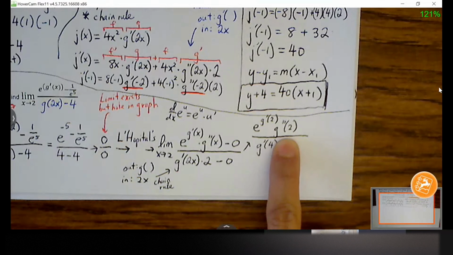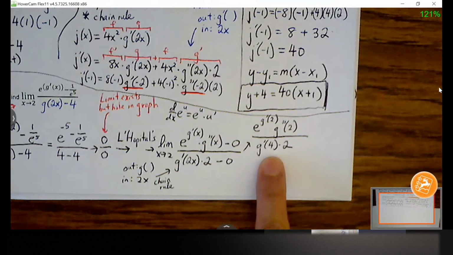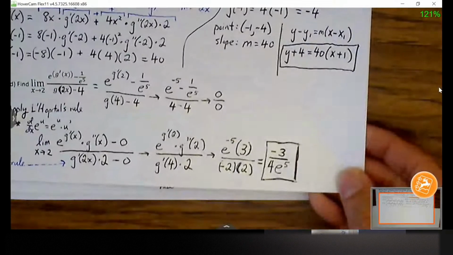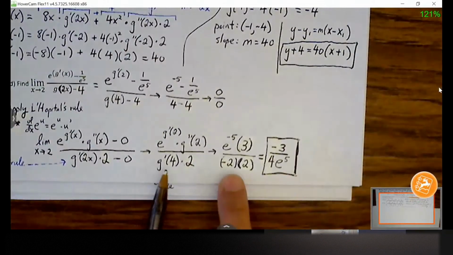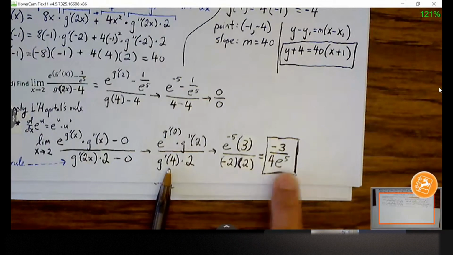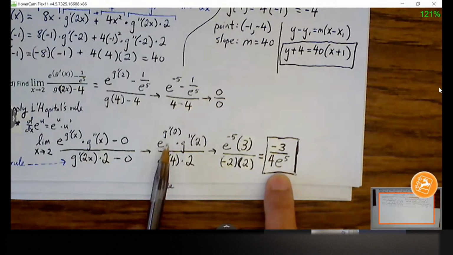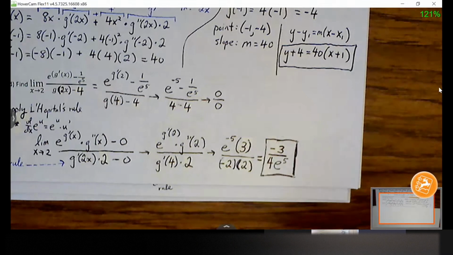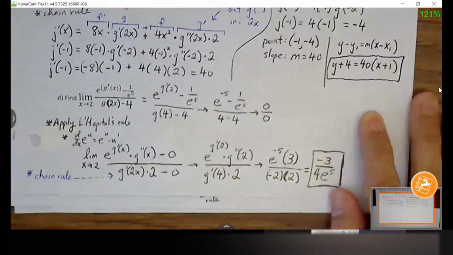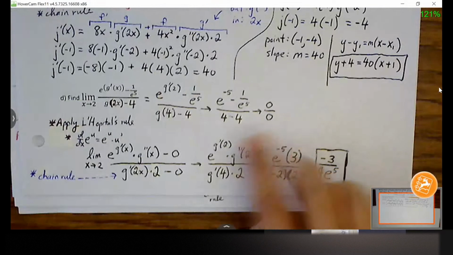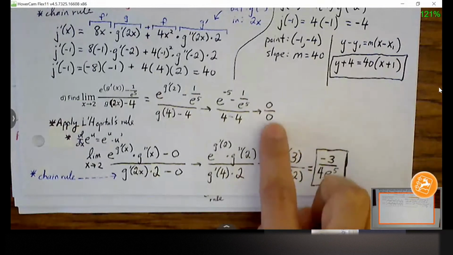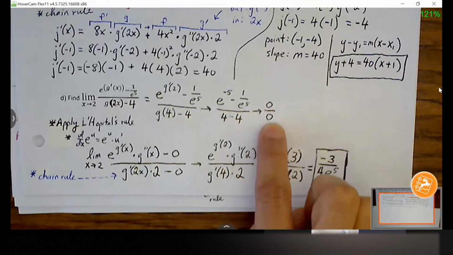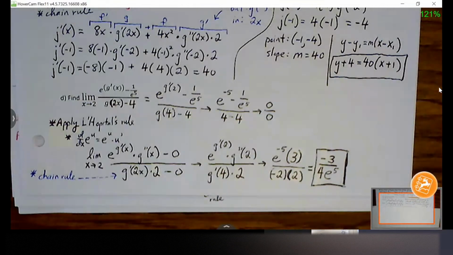G double prime of 2 is 3. And G prime of 4 is -2. Let me know if you got this answer as well. Yep. Okay. So that's a real number, so we can stop. We know that it's going to be the limit. Initially, it did not give us something favorable, but at least we knew what to do to resolve that issue, and that's L'Hopital's rule.